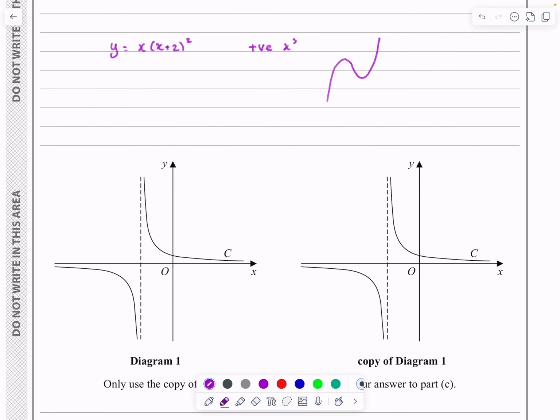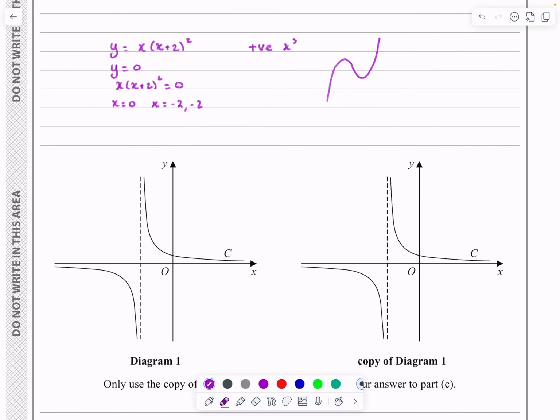We want to know where it hits the axis. So if y equals 0, I'm going to get x equals 0 or x equals minus 2, repeated, minus 2 and minus 2 again.